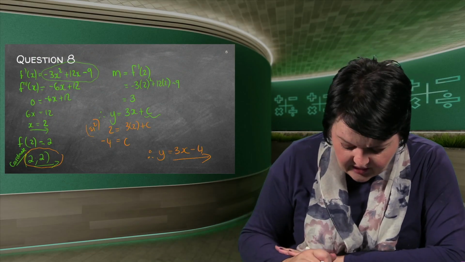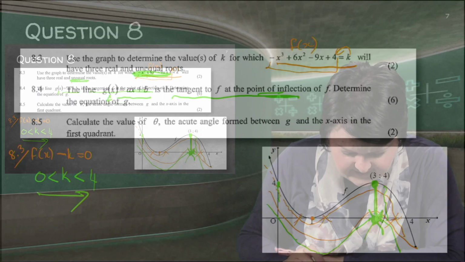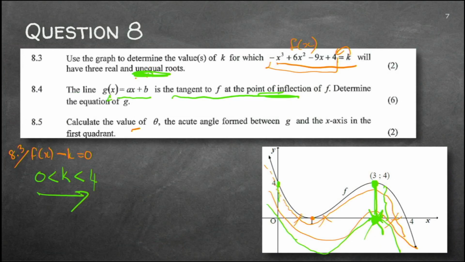So let's look back. What's the last question? Calculate the value of theta, the acute angle formed between g and the x-axis in the first quadrant. So once again, if we were to look at this graph real quick, and I'm just going to erase some of these markings to clearly indicate what's going on. So your point of inflection is always between the two turning points.